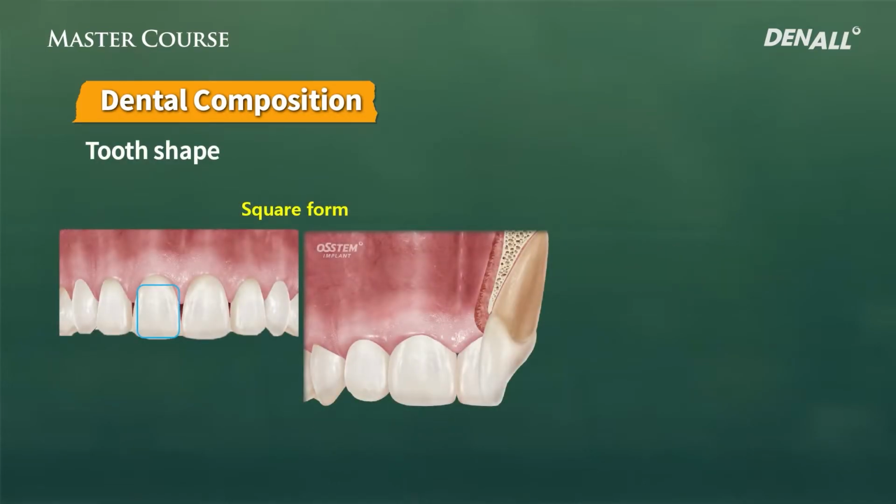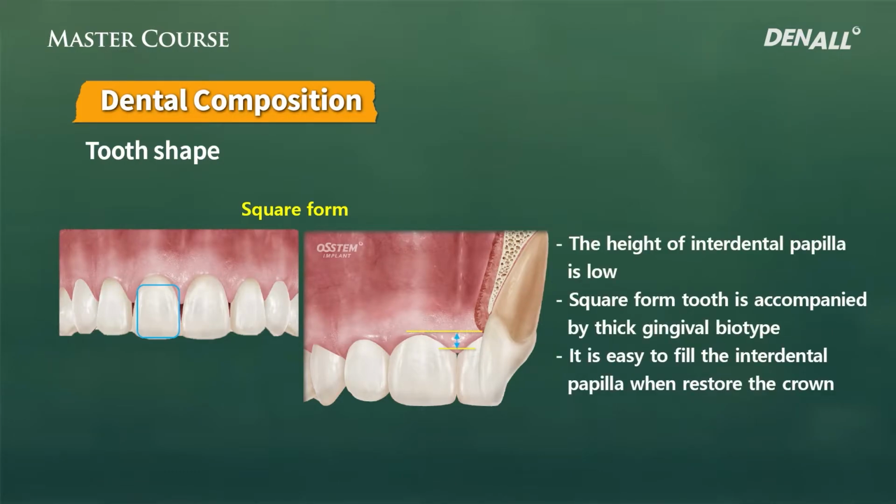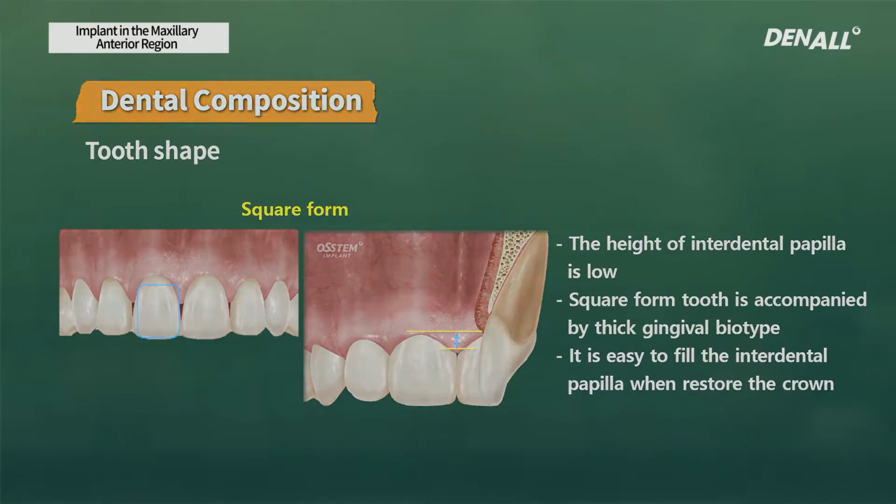If teeth shape is square, we can approach it more easily than the triangular form because the height of contact point to bone crest is short, so it can be filled up rather easily.